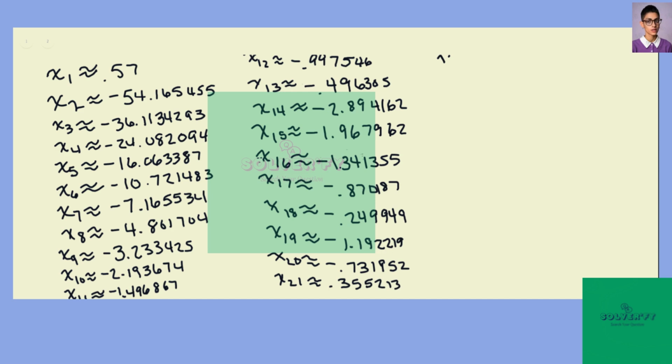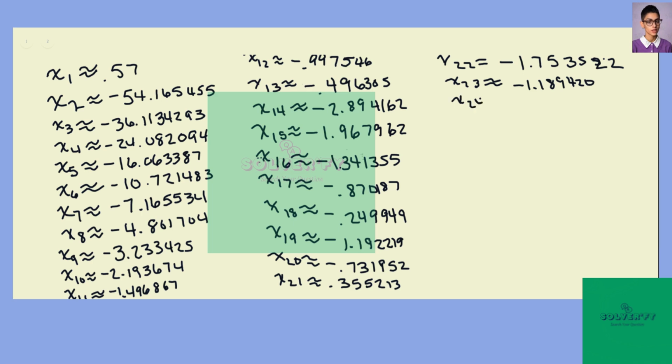X sub 22, negative 1.753322. X sub 23, negative 1.189420.